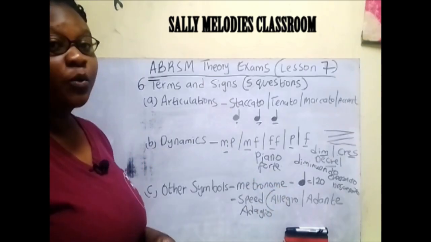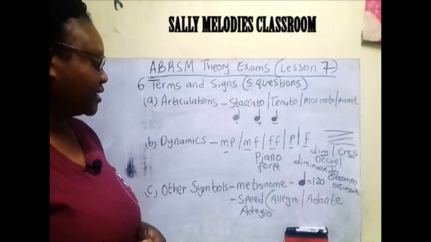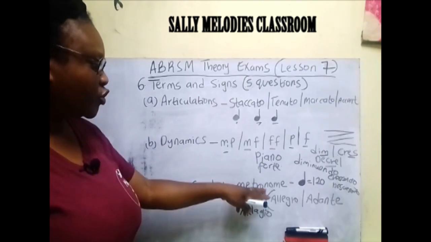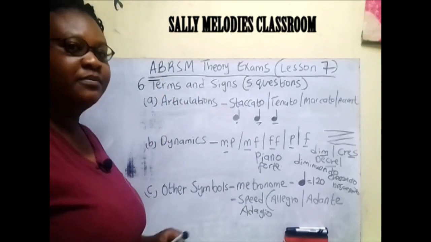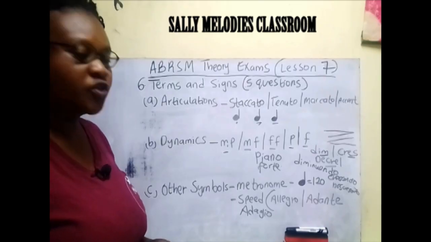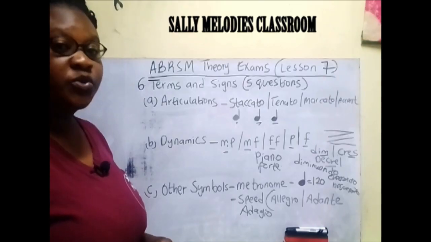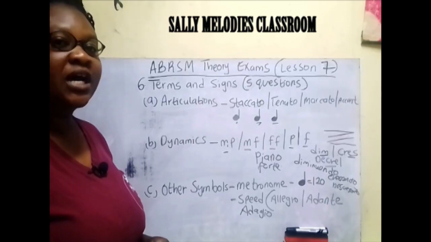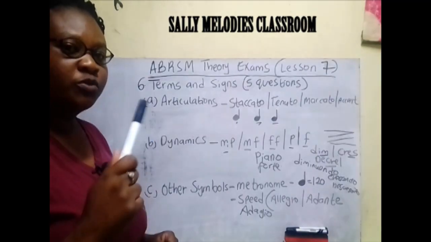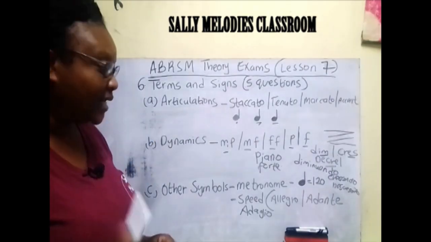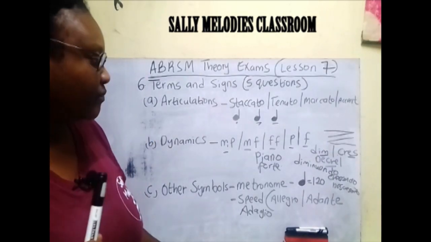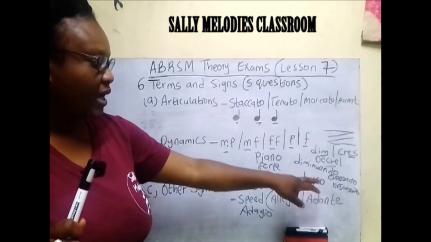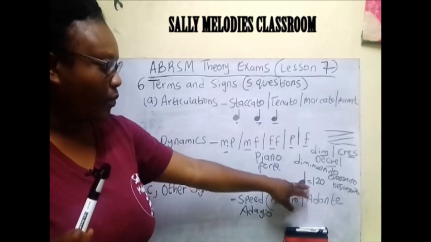And then you can have another symbol like the metronome mark. Metronome is that symbol that is indicated at the beginning of a piece of music, to show the tempo or the speed at which the piece should be sung or played. They can say, one crotchet is equal to 120.